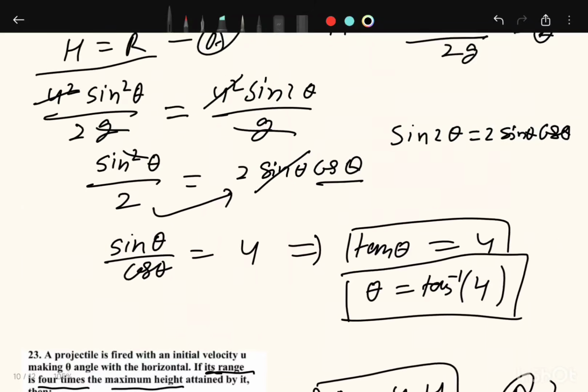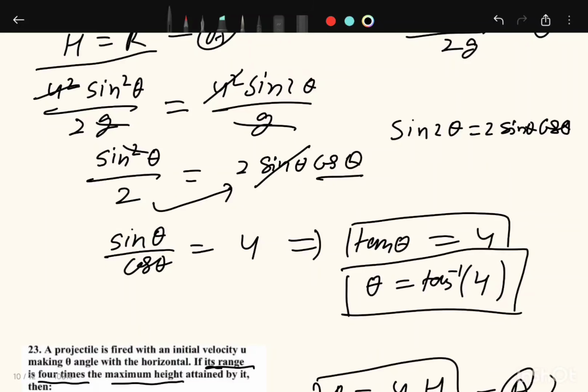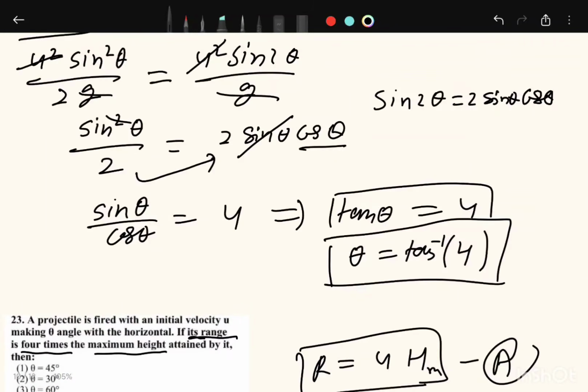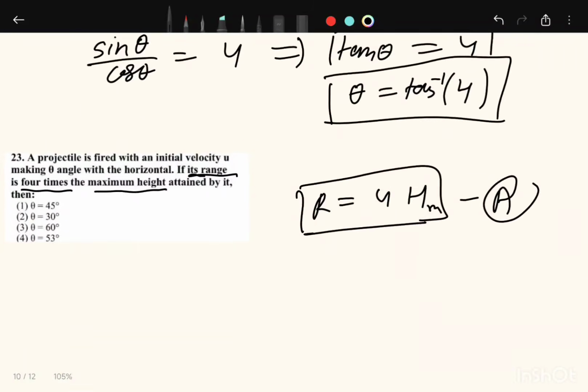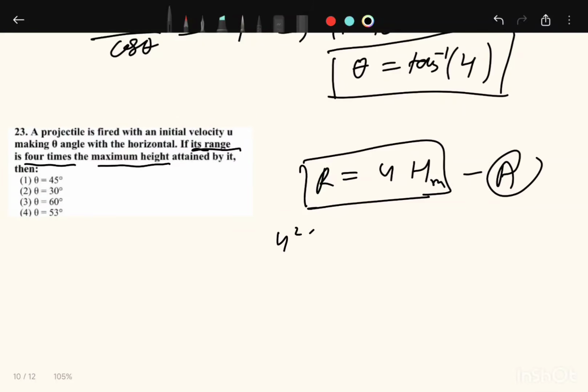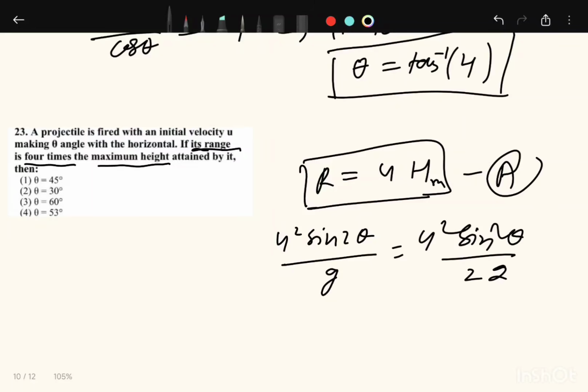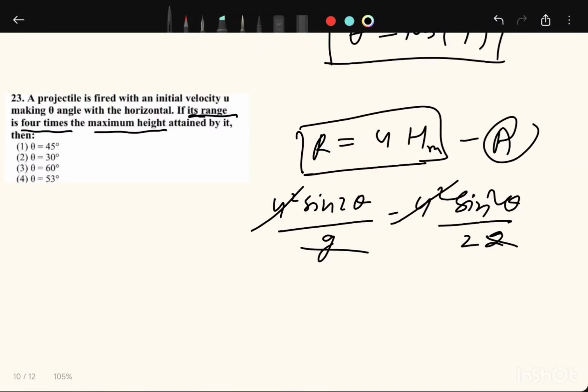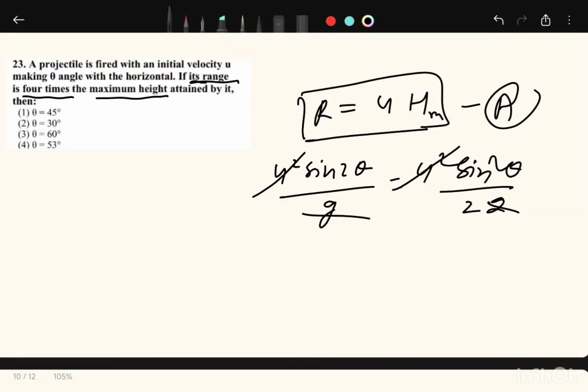So similarly, we put all these values here. The same things, all these will cancel out with each other. Let me do it again. u square sine 2 theta by g, and u square sine square theta by 2g. This u square will be cancelled out, and this g will be cancelled out. So what are we left with?